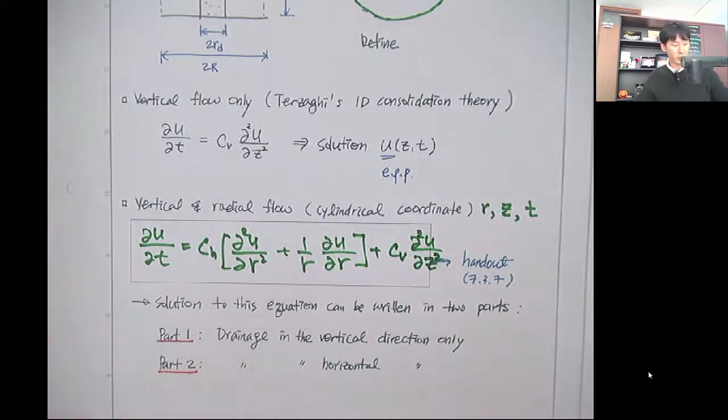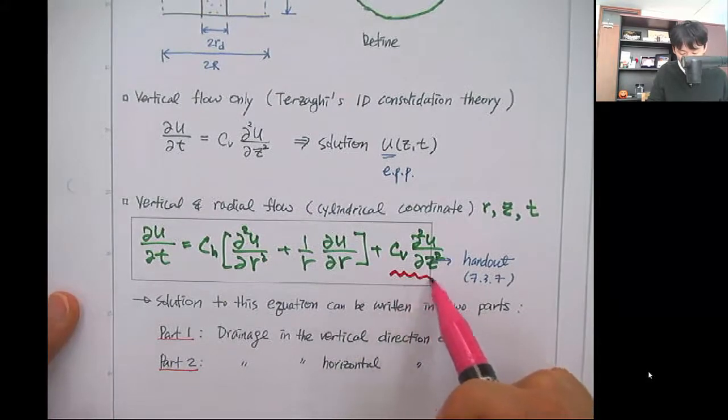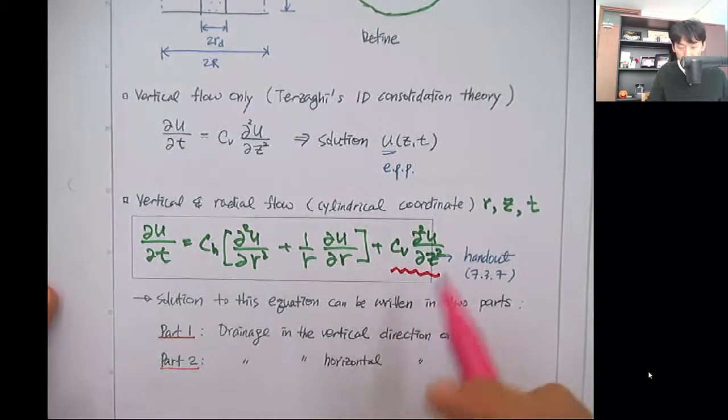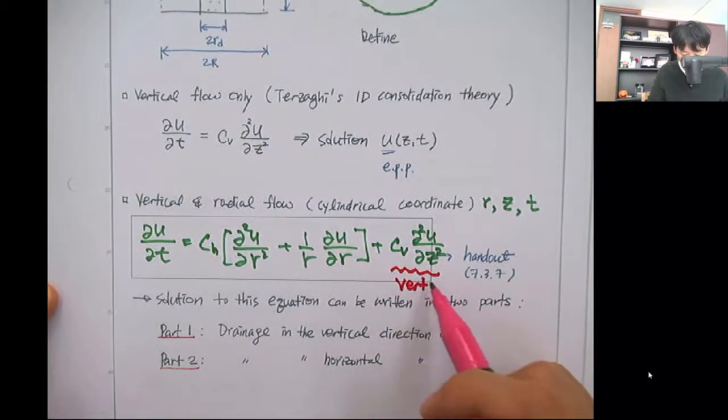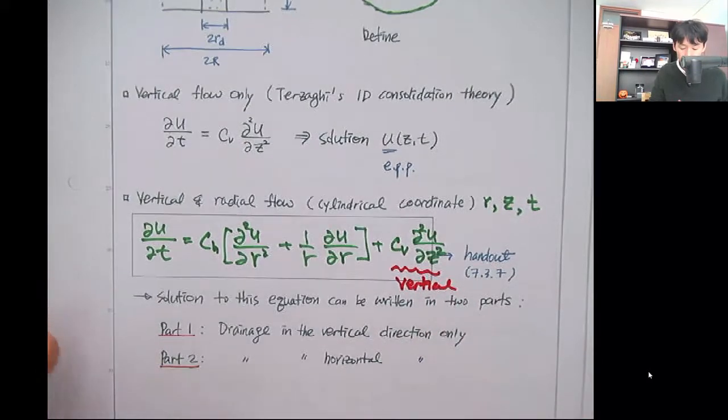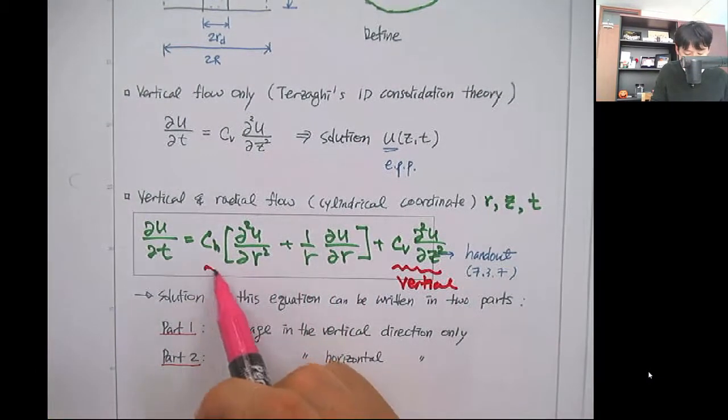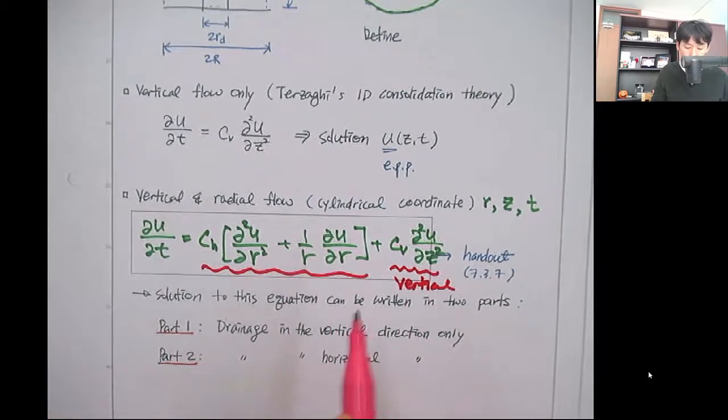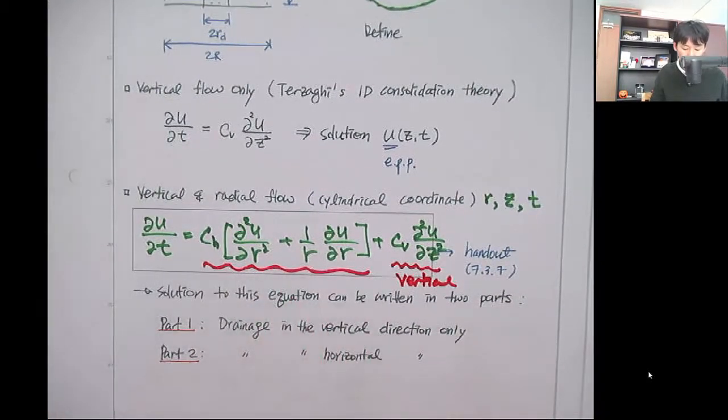As you can see, in addition to the vertical drainage, you have a radial drainage, a horizontal flow.